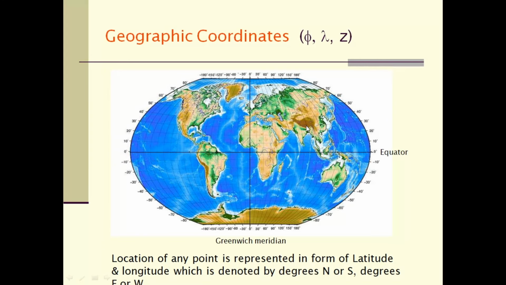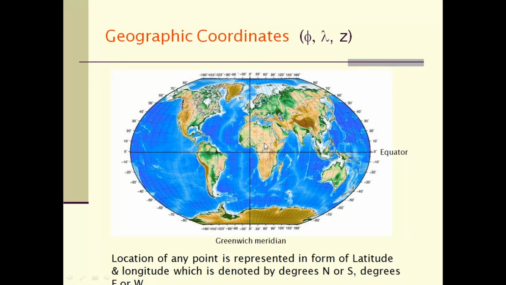So for any point in your map, for example for this point, the latitude is 10 degrees and the longitude is around 20 degrees. How can we define this point?